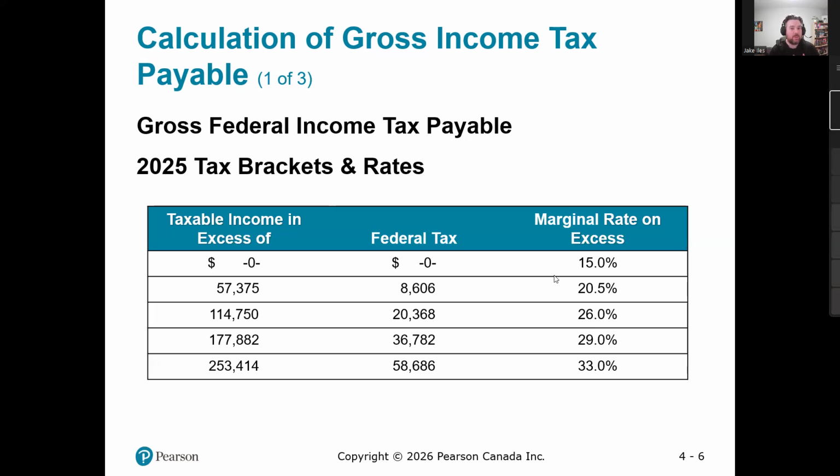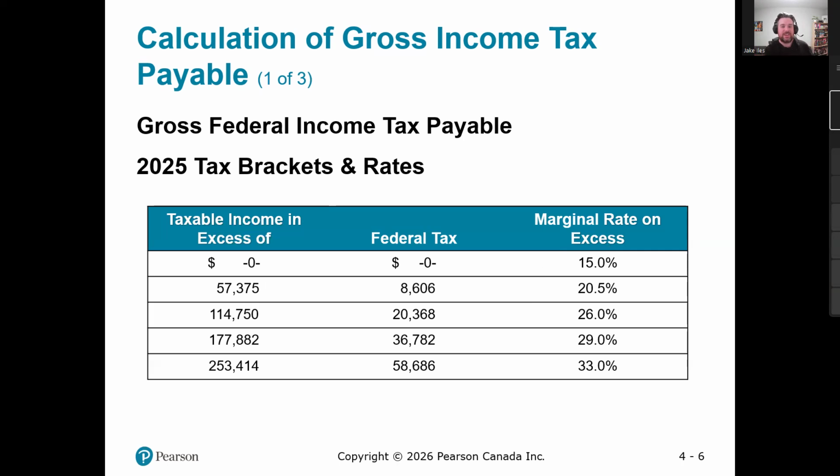Everyone in Canada, everyone who reports income to the Canadian government to be taxed, we all pay 15% on that first 57,000. We only pay 20.5% on the next 57,000. So don't worry if you make a bit of money, you haven't suddenly lost out.